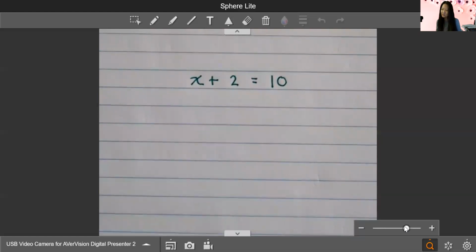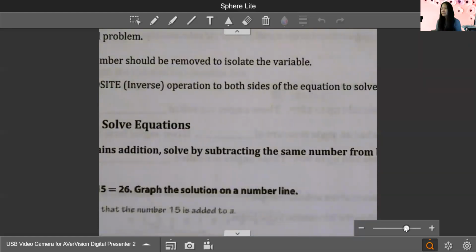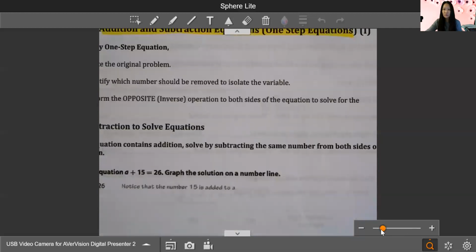Even if the problem seems easy and you just want to calculate in your head and give me the answer, you're going to need to show work.